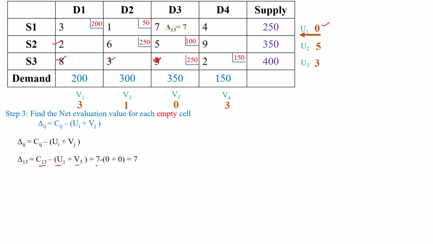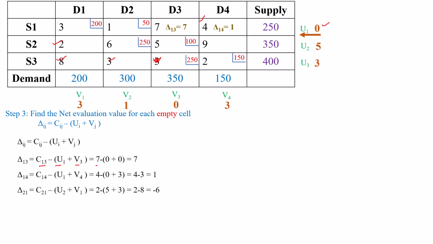So the next empty cell is delta 14, first row and the fourth column. So delta 14 equal to C14 minus of U1 plus V4. C14 value is 4, U1 value is 0 and V4 value is 3. Then substitute here, we will get delta 14 equal to 1. So the next empty cell is the second row and the first column, that is delta 21. So delta 21 equal to C21 minus of U2 plus V1.